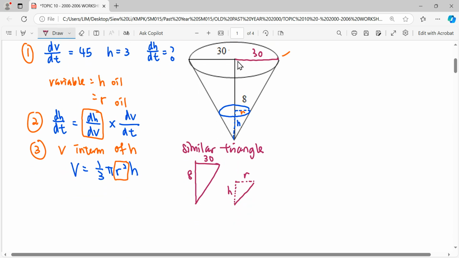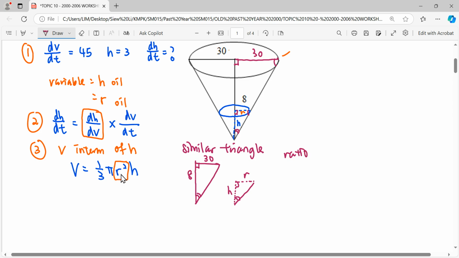You can see these two triangles are similar because they have the same angle. So here we can come up with the similar triangles and do the ratio.